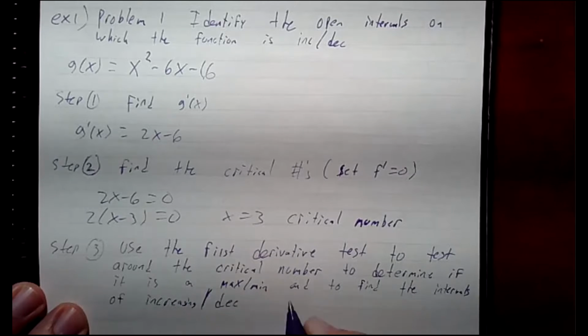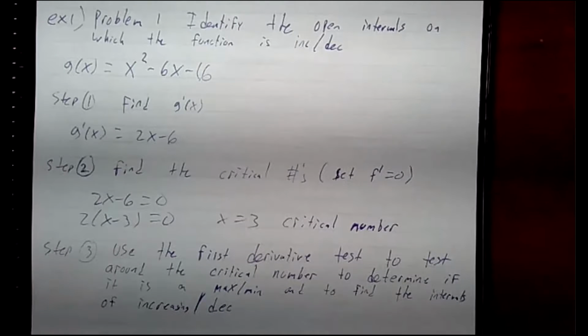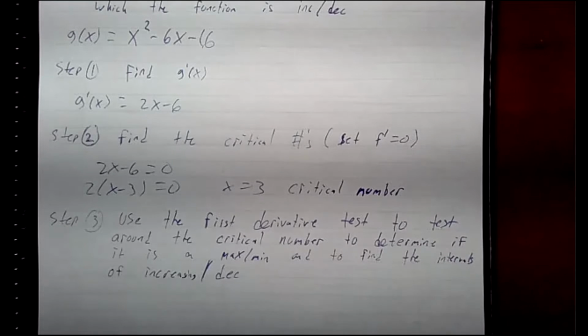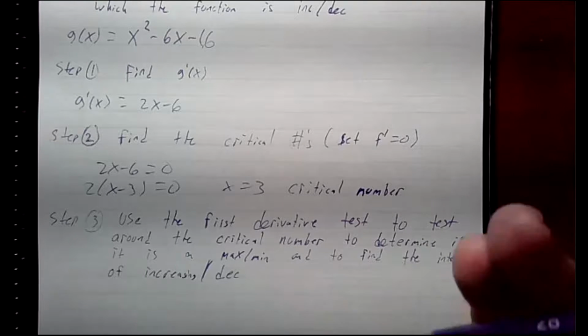So even though they didn't ask for max and min, you would go about finding that the same way. So we might as well just do it. We'll say this is part A or something.